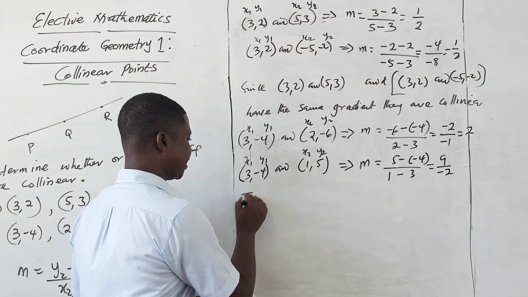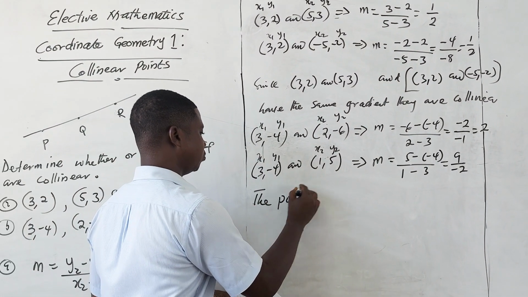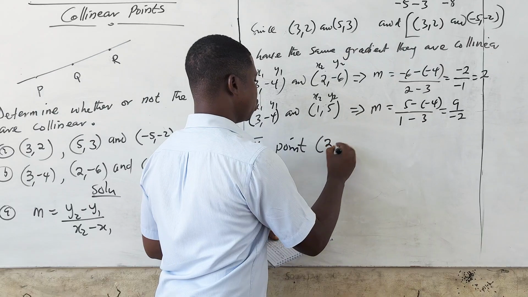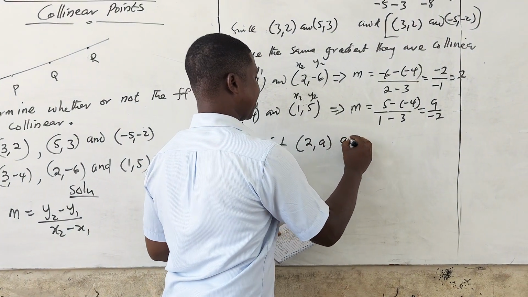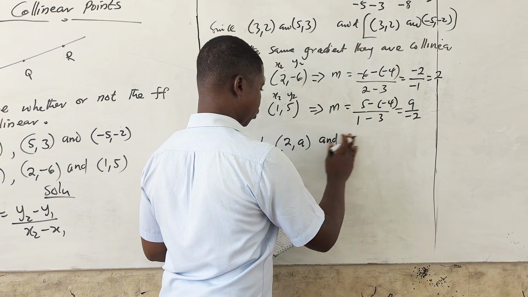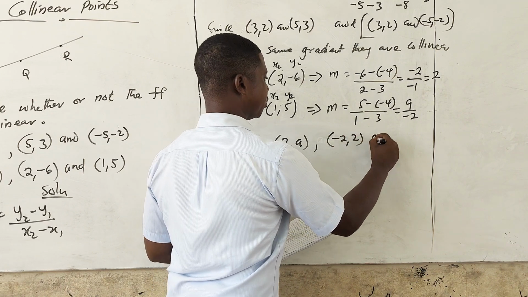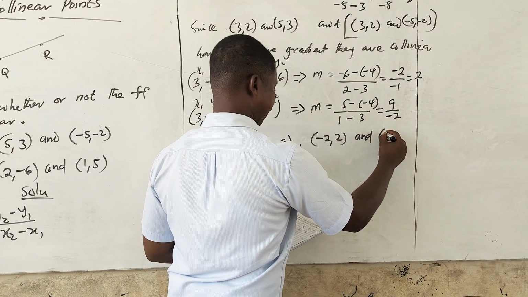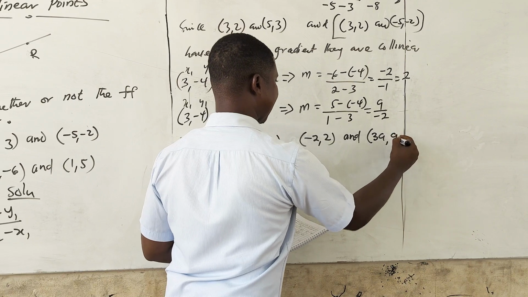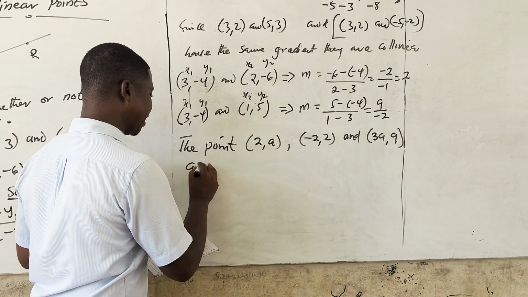So the question is, the points (2, a), (-2, 2), and (3a, 9) are collinear.